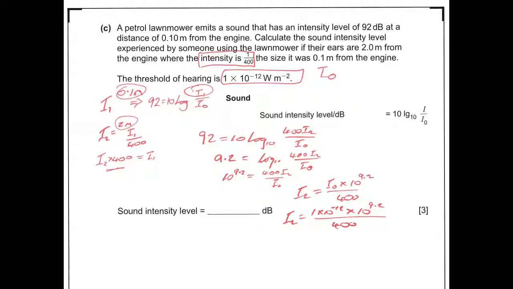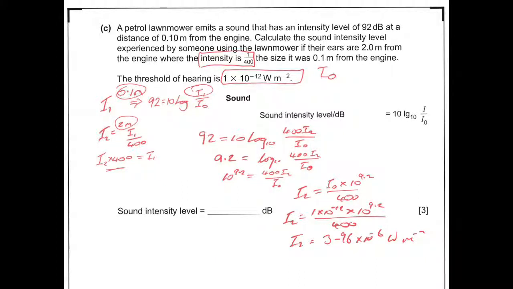So we've got our threshold of hearing value multiplied by 10 to the 9.2, which is the antilog of 9.2, and divided by 400. And I get that to be 3.96 times 10 to the minus 6 watts per meter squared.